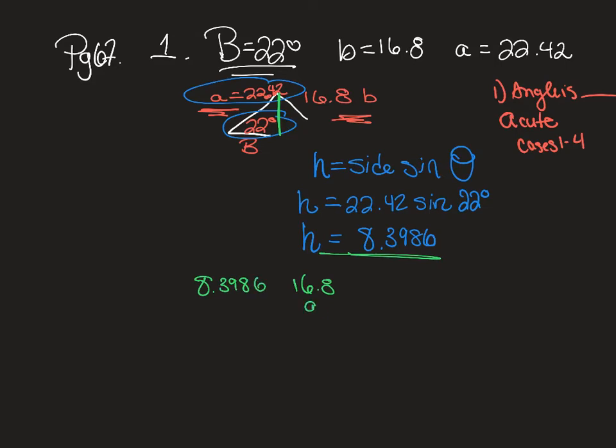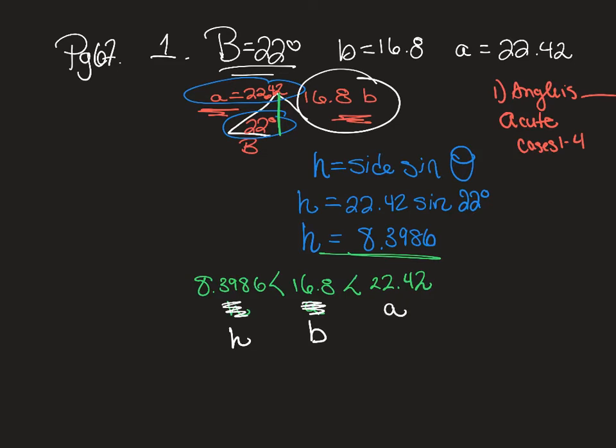So this swing side is bigger than H, but it is less than side A, which was 22.42. Hang on, I'm going to fix these labels for you. So this was my height. In our case, we did call this one B, but it's the swing side over here either way. And this was less than side A.